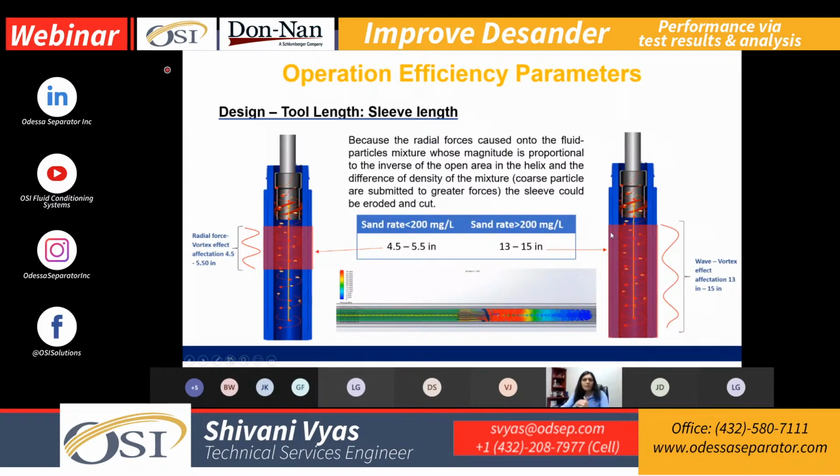By radial force, as you all might have seen with sand cutting, that is exactly what's happening. How do we control that? So one of the parameters we've come along is, how about going with a longer sleeve length, does that help in controlling that radial force and protect the sand sleeve itself?